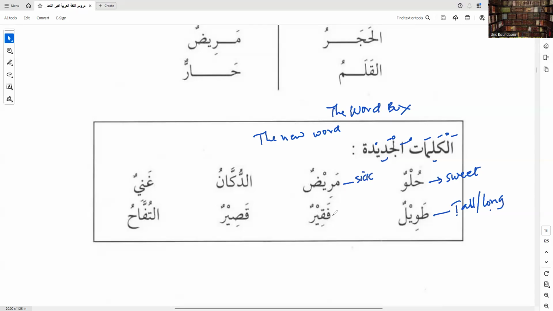And then we have faqirun. Faqirun is poor. And then we have dukkanun, store or shop. Do you have a dukkan? Do you have a shop? Do you have a store? Qasirun is short. Ghaniyun is rich or wealthy.